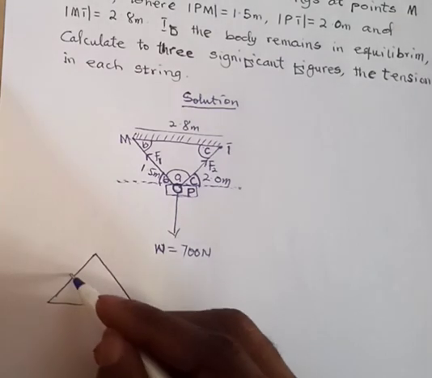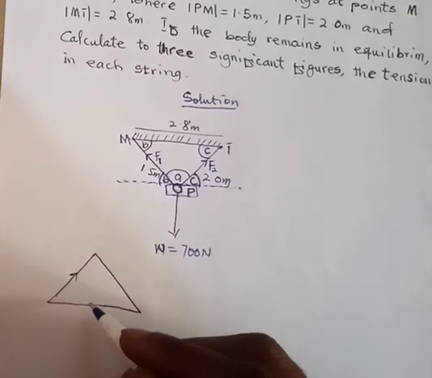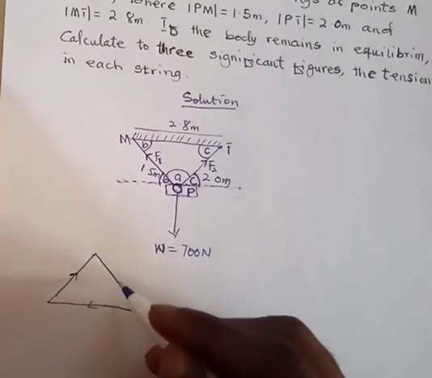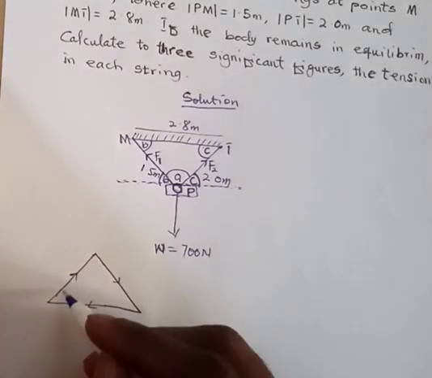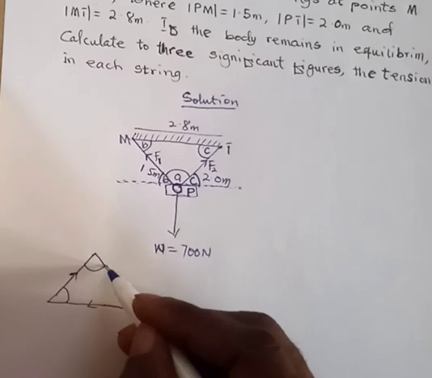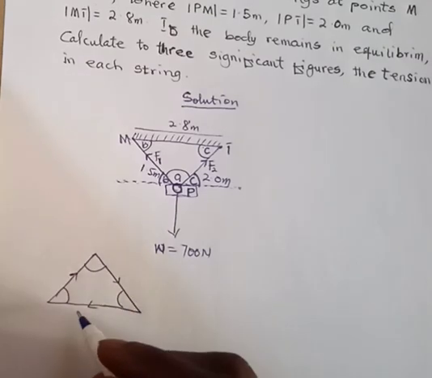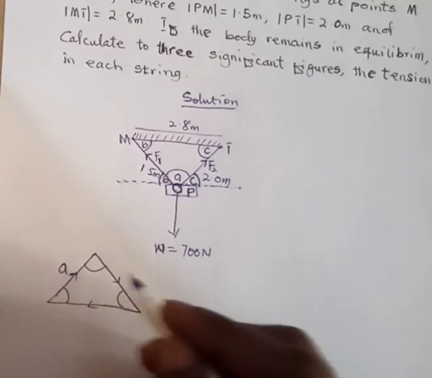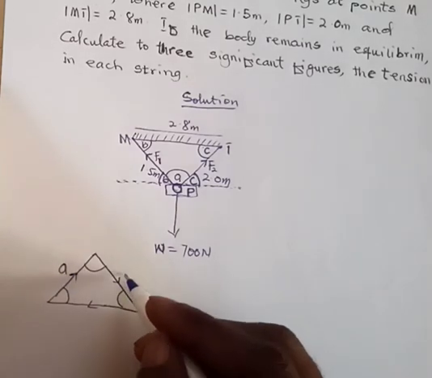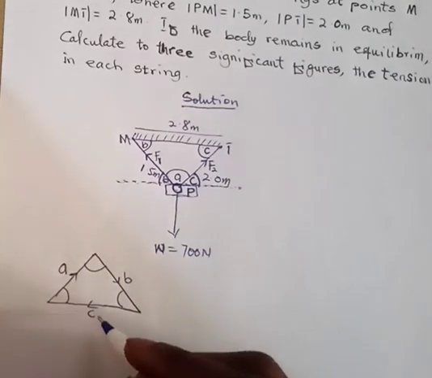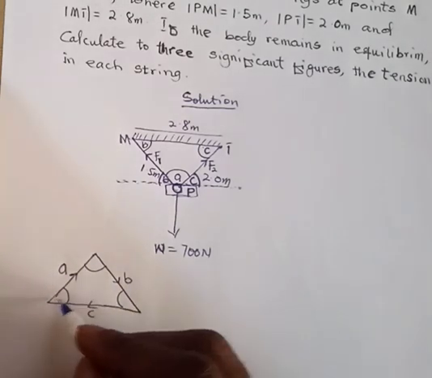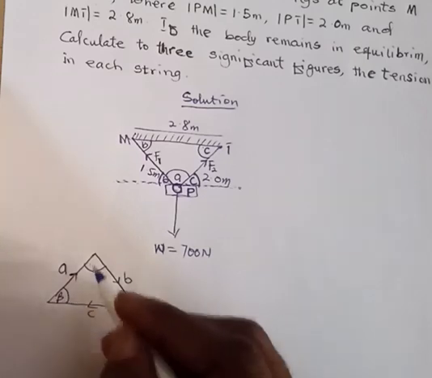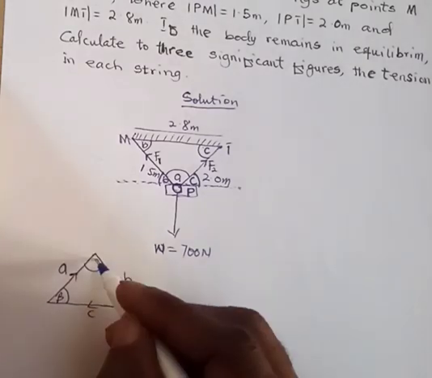So let's say we have this one here, and we have these angles here. Let's say we have here as A, and then we have this one as B, C. So let me use these angles to represent.